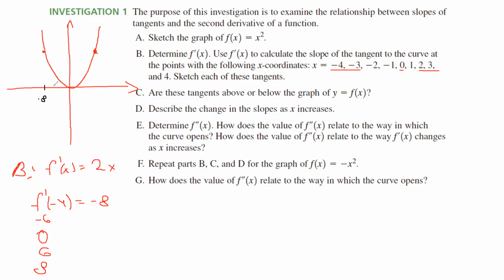I have point -6. Oh, no, -4 for x, -3, 0, 3, and 4. And here we have negative, here we have positive value of a function. And in these points, I'm gonna have a tangent line, right? These are points I investigated.